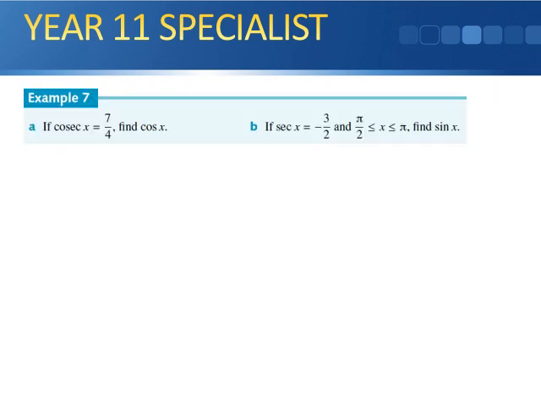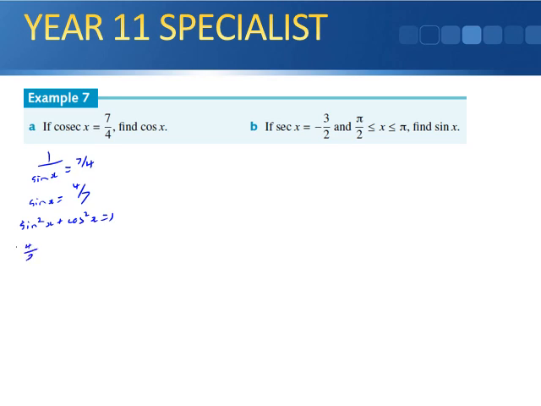Okay, if cosec x is 7 on 4, find cos x. Well, cosec x is 7 on 4. We know that cosec is 1 on sine of x equals 7 on 4. Therefore, sine x will equal 4 on 7. Because I have to find cos, I can use the rule sine squared x plus cos squared x equals 1.